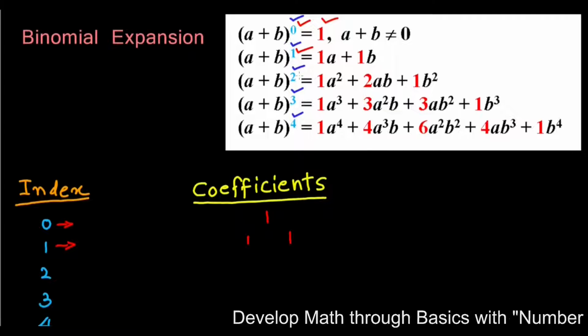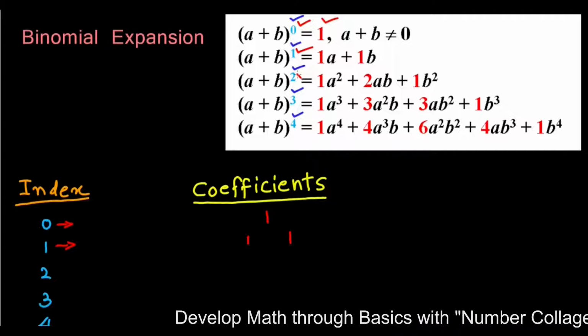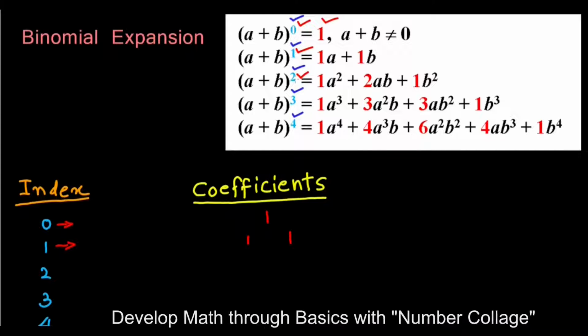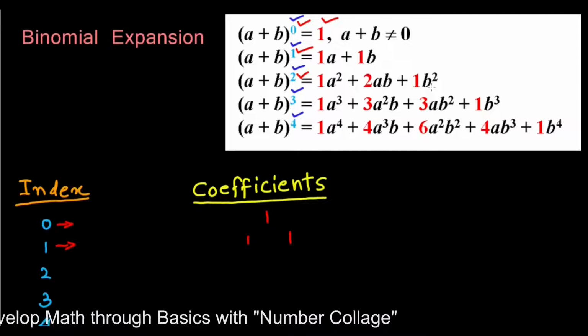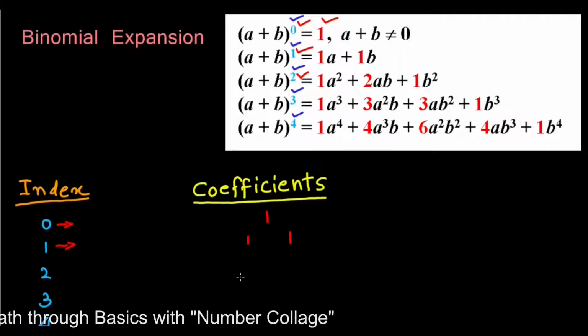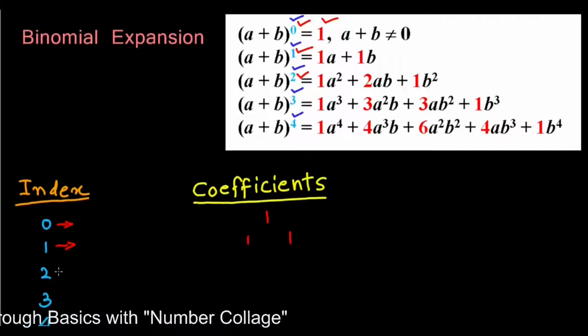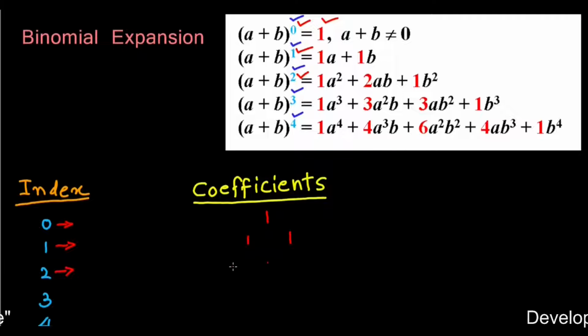When the index of the binomial is 2, there will be 2 plus 1, that is 3 terms in the expansion. So there will be 3 coefficients, which we write next to this 2. So the coefficients will be 1, 2, and 1 again.